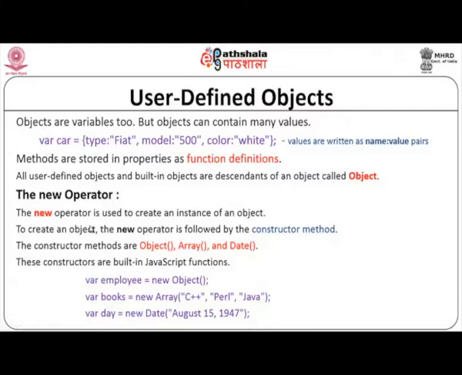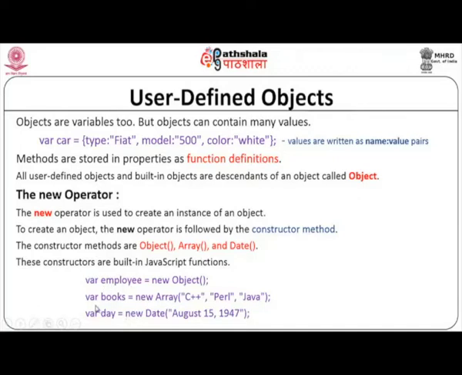You can see here you use the constructor called Object. New is an operator, and Object is the base class that is created in JavaScript. All the user defined objects are descendants of this base class called Object. So you make use of this constructor that is defined in Object to create any user defined object.